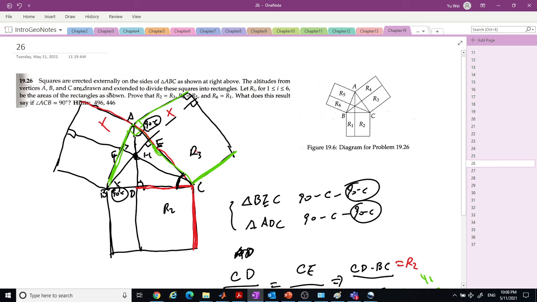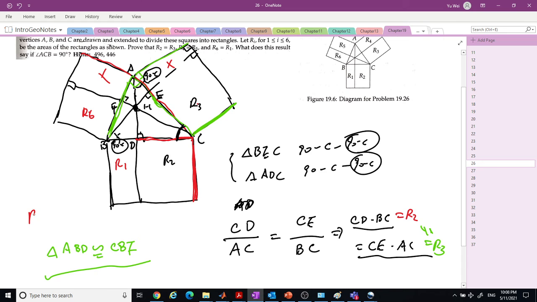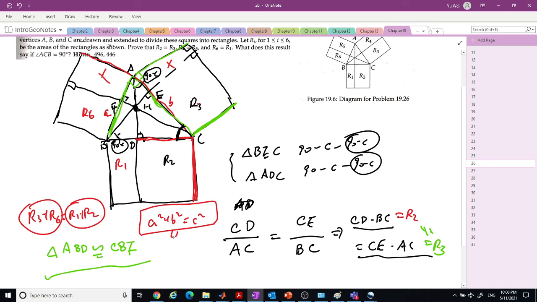So R3 equals R2, and R6 equals R1. Then you have R3 plus R6 equals R1 plus R2. What's this? This is the area, right? So this is C, this is B, and then you have A squared plus B squared equals C squared. This is the Pythagorean theorem.